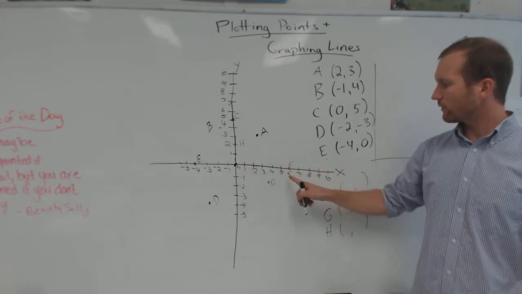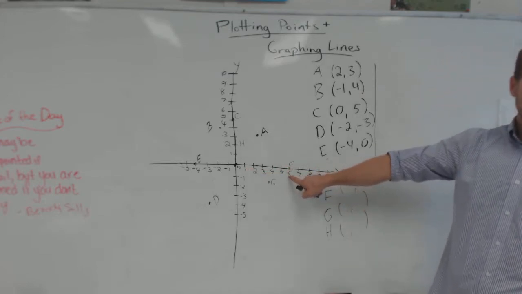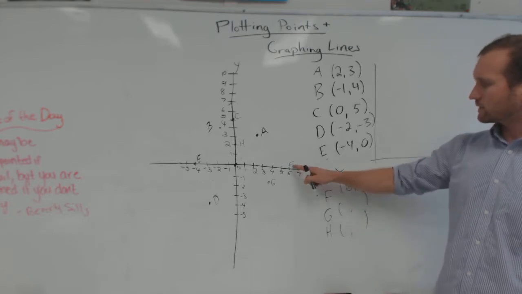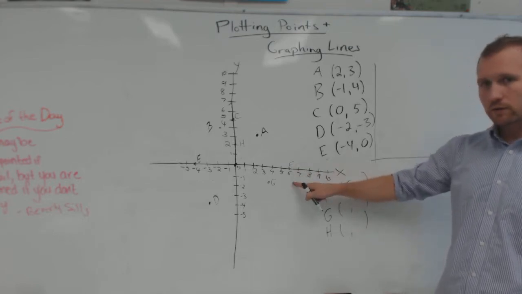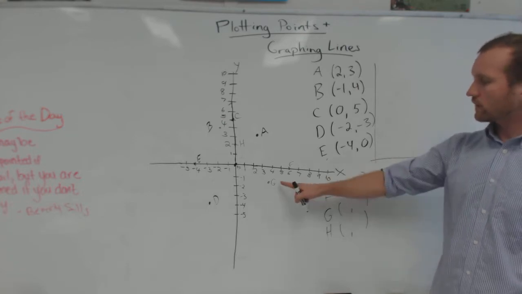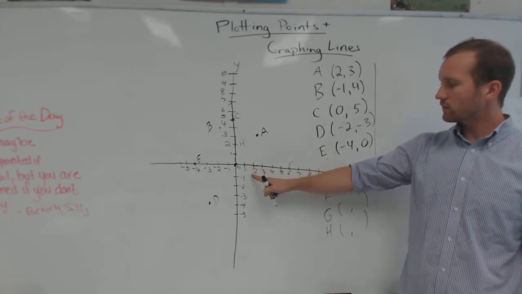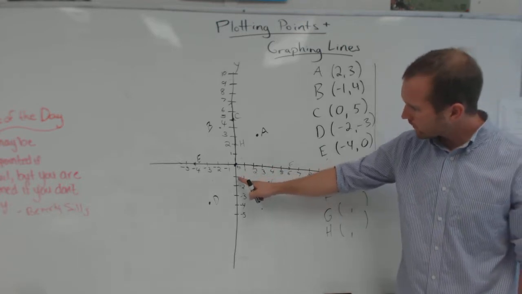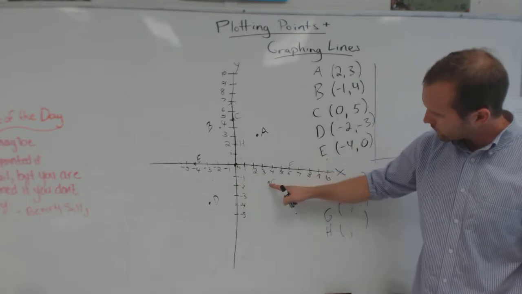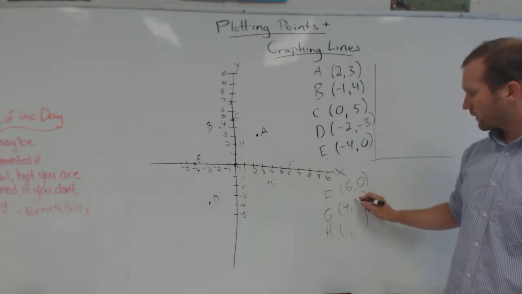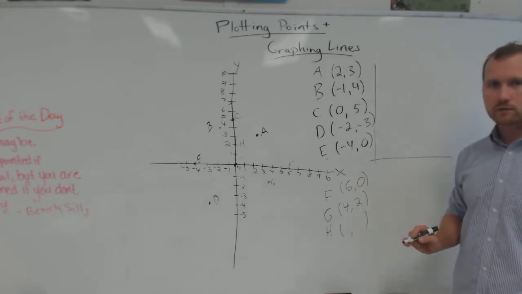So this point F I can see is 6 on the x, and it's 0 up or down, so the y value is 0. Point G, 1, 2, 3, 4 out, and 1, 2 down. So (4, -2), right?